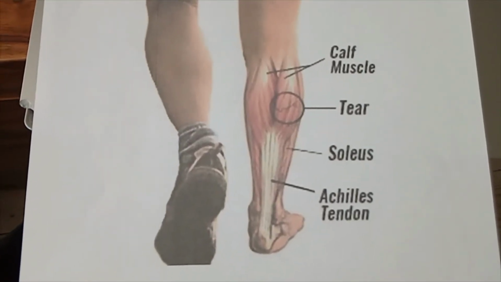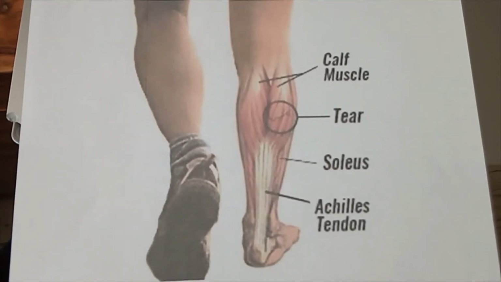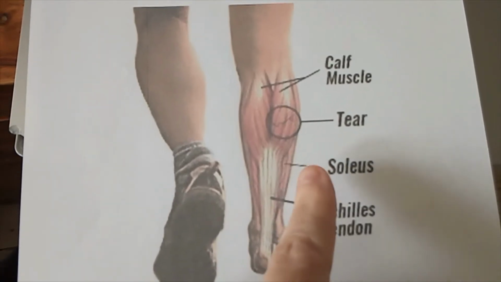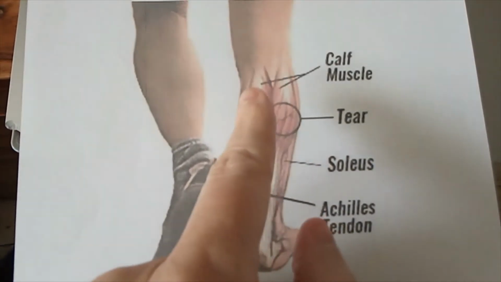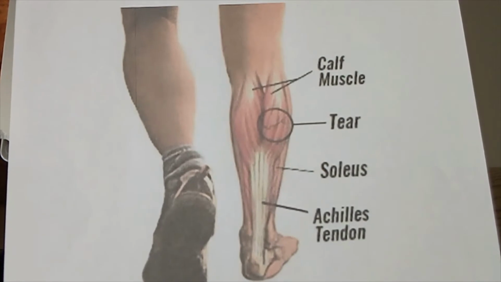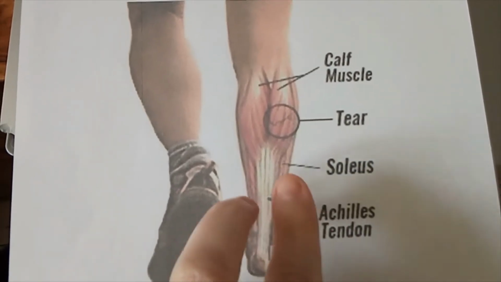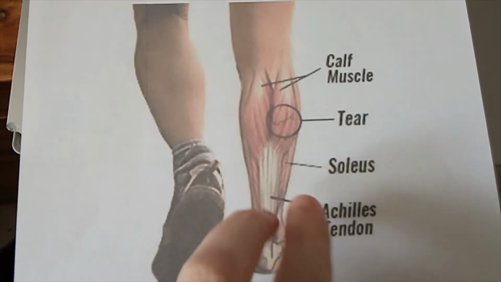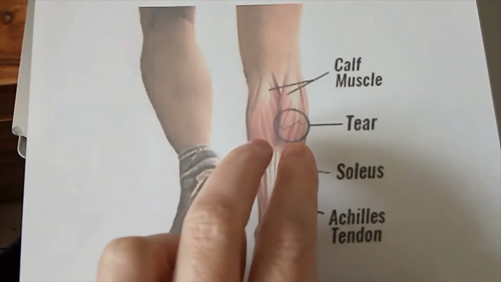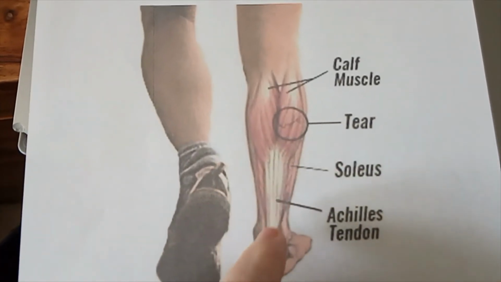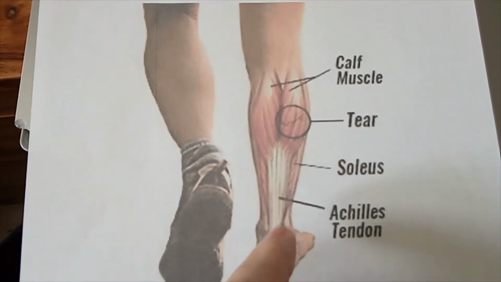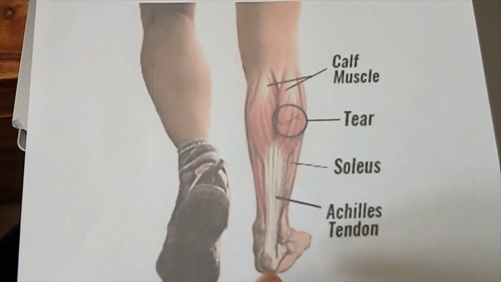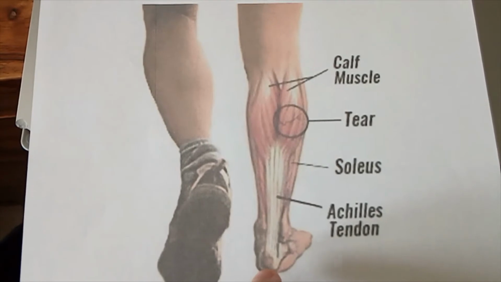So the gastrocnemius and the soleus muscle both merge at the base of the calf, going into the ankle. They merge into this Achilles tendon here that runs down the back of the ankle and inserts into the heel bone.